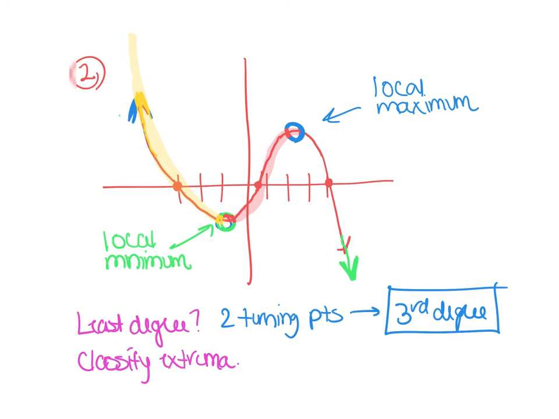And then once it hits that peak, it starts to decrease again. Okay, so remember, minimums happen when the graph goes from decreasing to increasing, and maximums happen when your graph goes from increasing to decreasing.